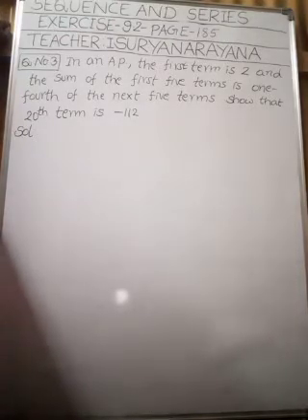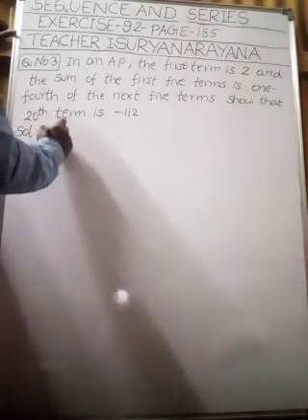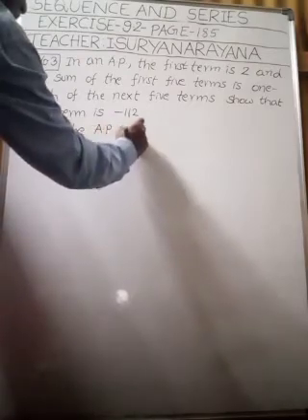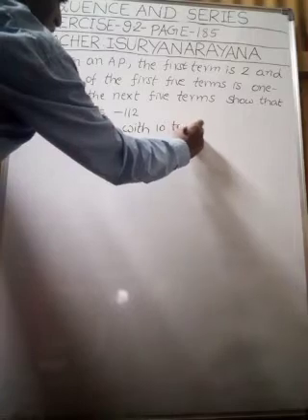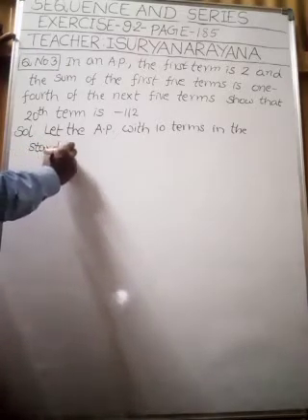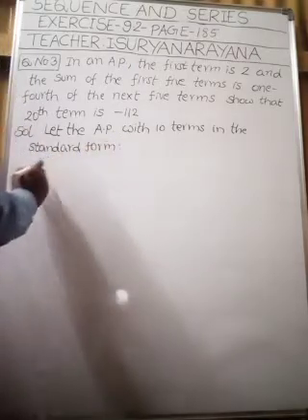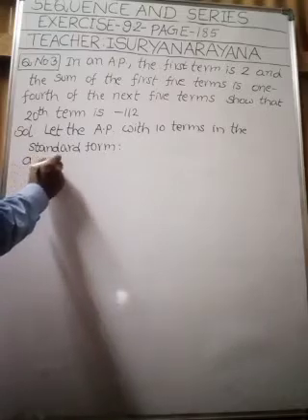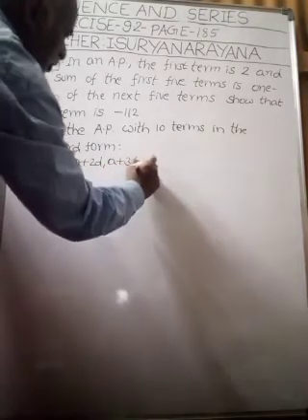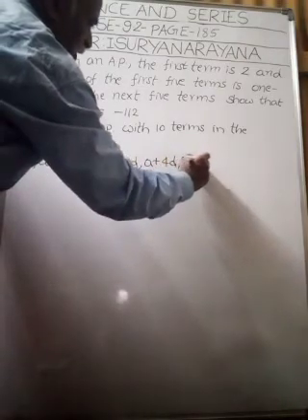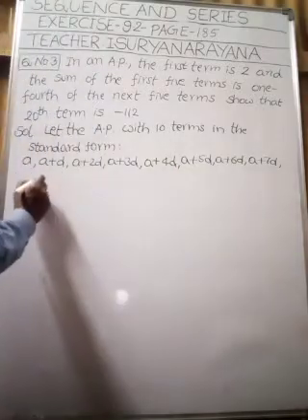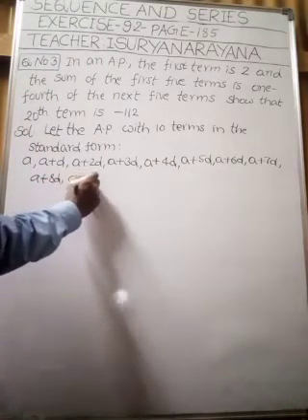Let the arithmetic progression with 10 terms in the standard form be A, A plus D, A plus 2D, A plus 3D, A plus 4D, A plus 5D, A plus 6D, A plus 7D, A plus 8D, A plus 9D.